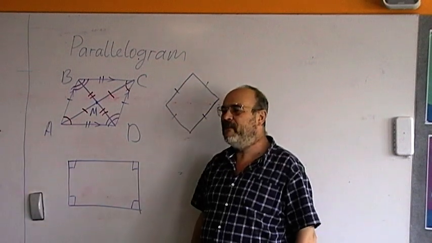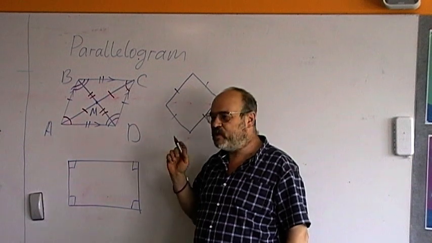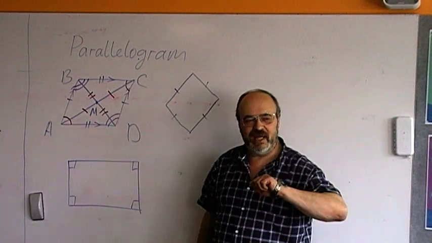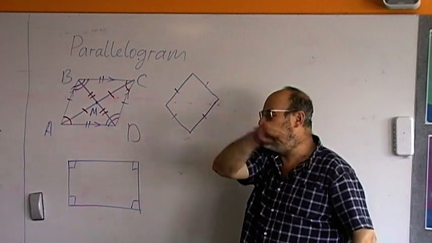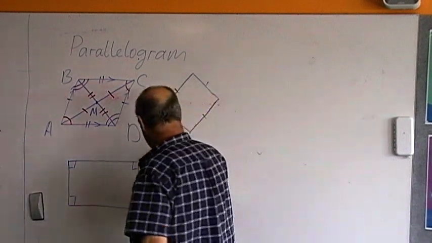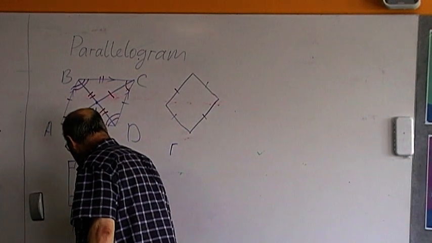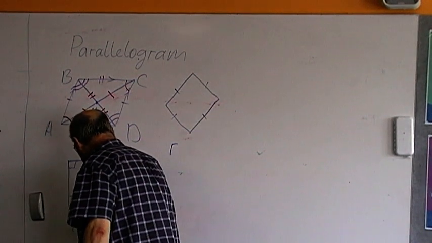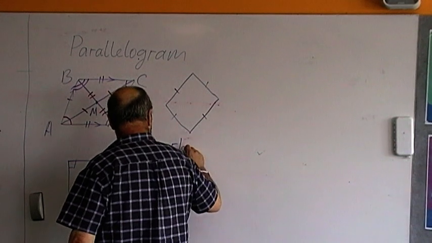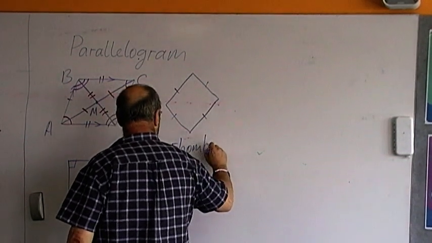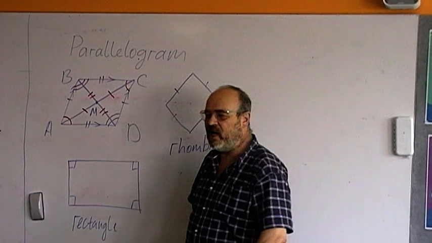No, it's a diamond. It's a kite but it's special. Angles are not 90 degrees. Rhombus. It is rhombus. So these are the rhombus. Or how you were naming it in primary school, diamond.